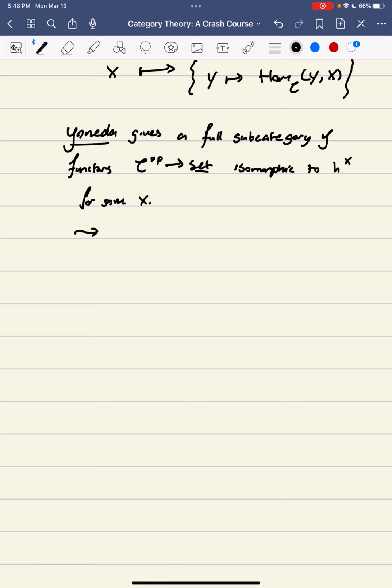In general, if you have some functor G that is isomorphic to h of x for some x, I call the functor G a representable functor.